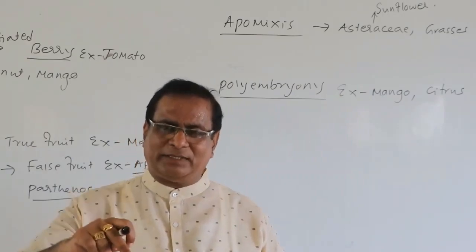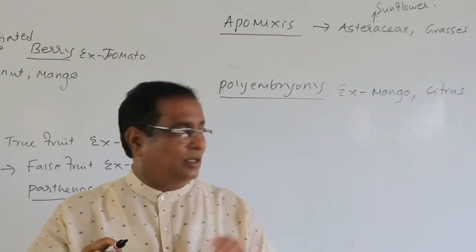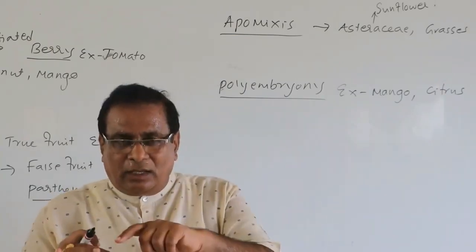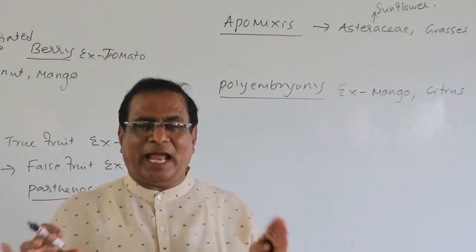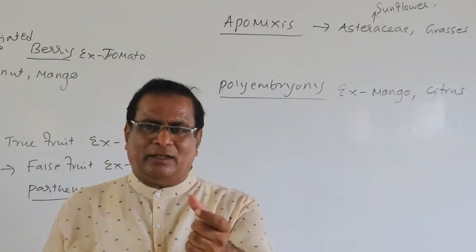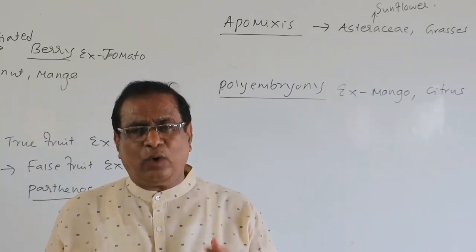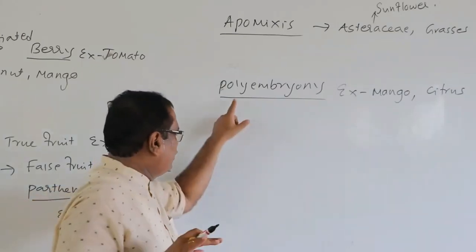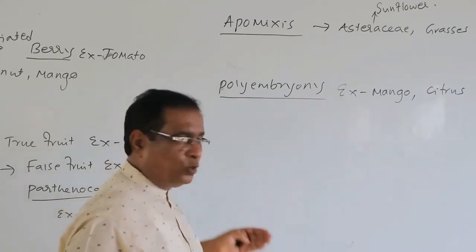In one embryo sac, one egg cell is there, and after fertilization one embryo. But here, some nucellar cells around the embryo sac get enlarged and become embryo sacs. In them also an egg cell is there, and they too get fertilized. Then we have more than one embryo in a seed. That is said to be polyembryony. Poly means many. Many embryos in a seed.